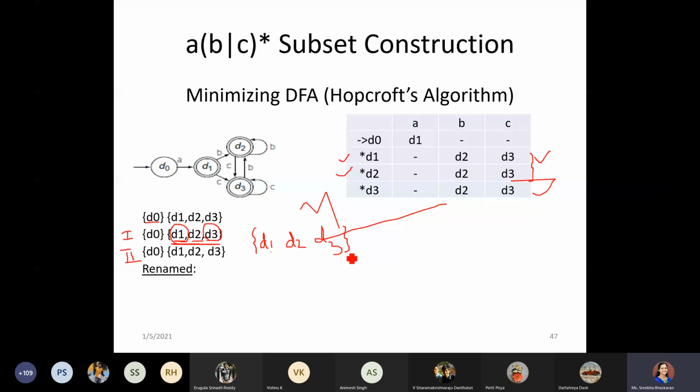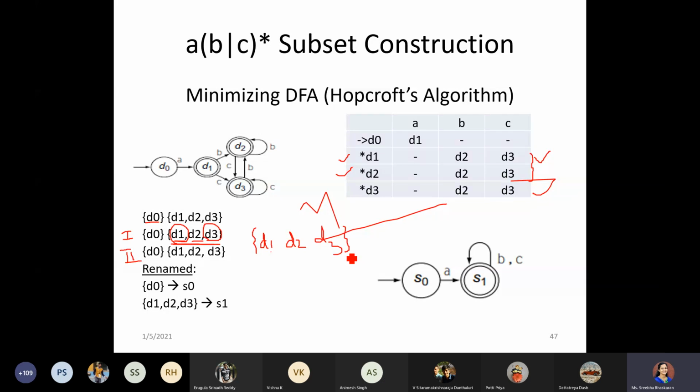Okay. We will see one more example so that it will be more clear, because in this example all the states are the same. So I just renamed D0 to be S0 and D1, D2, D3 to be S1. Accordingly, I have drawn the minimized DFA.